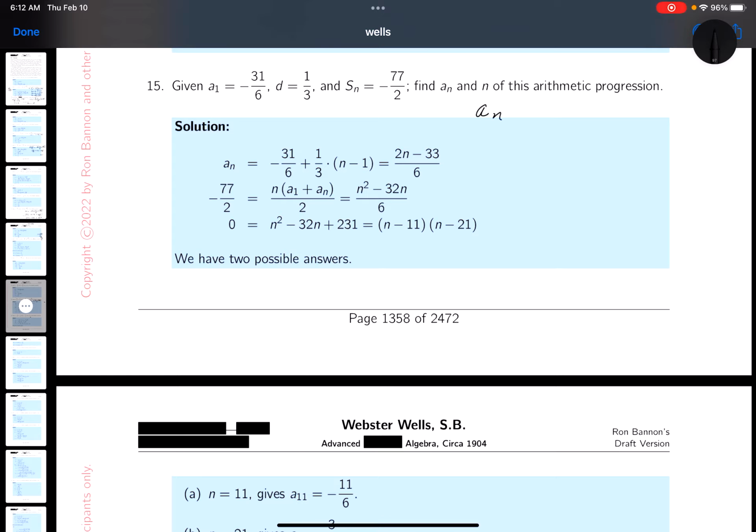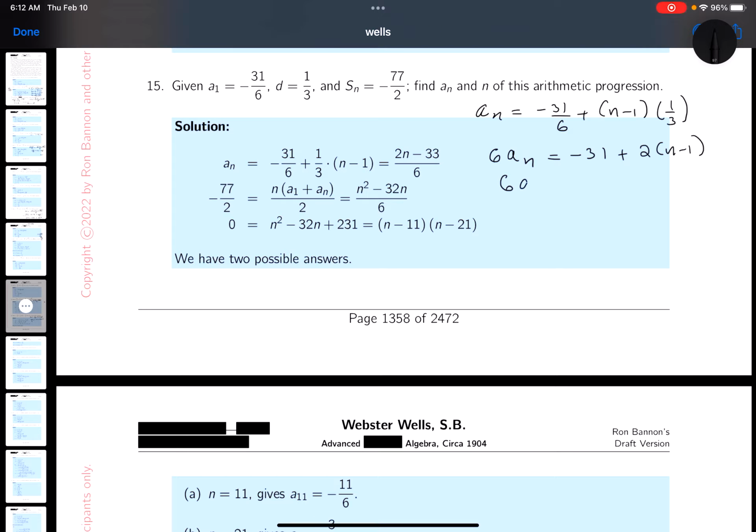So AN is going to equal A1, which is minus 31/6, plus N minus 1 times D. Again, I don't know N, but I do know D. D is 1/3. Now I'm going to clear the fraction. This is going to be 6AN equals minus 31. And again, I'm multiplying by 6, by the way, so I'd get 2 times N minus 1, right?